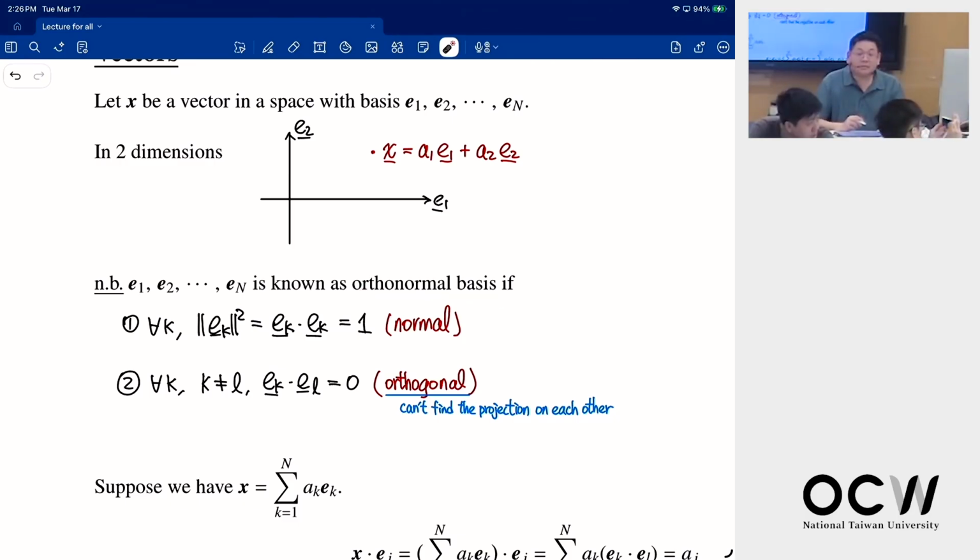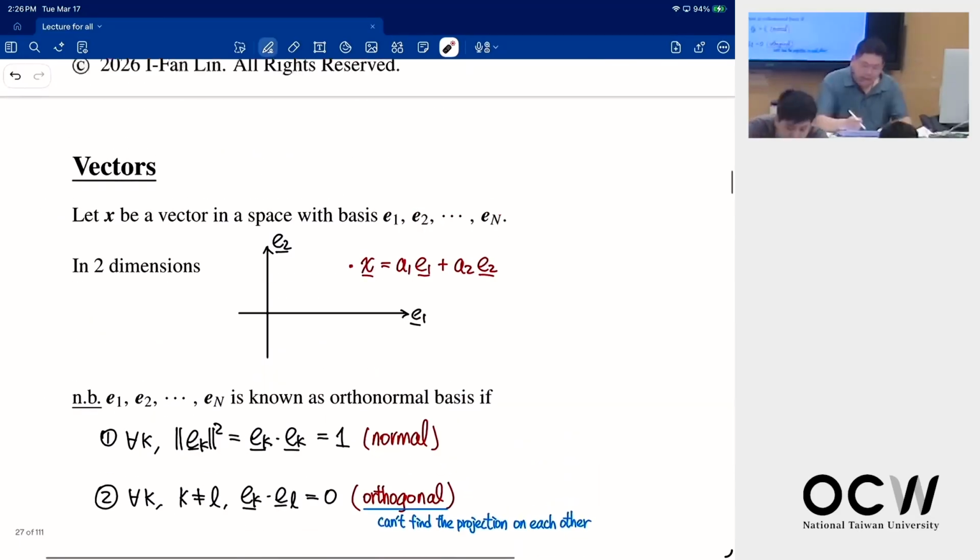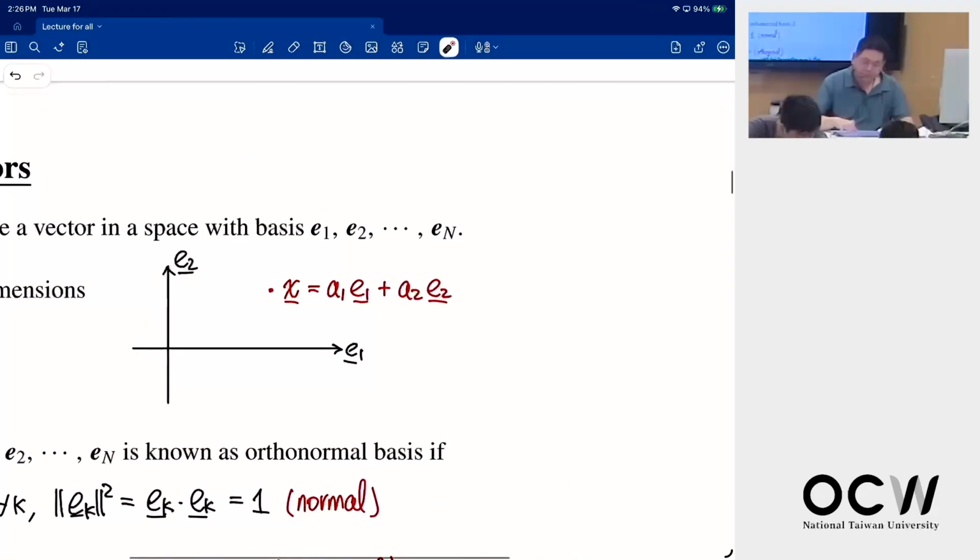Normal, so the inner product is 1. Orthogonal, the inner product of two different vectors will be 0. So suppose we have a vector x that's the linear combination of your bases. Again, I gave this example many times.